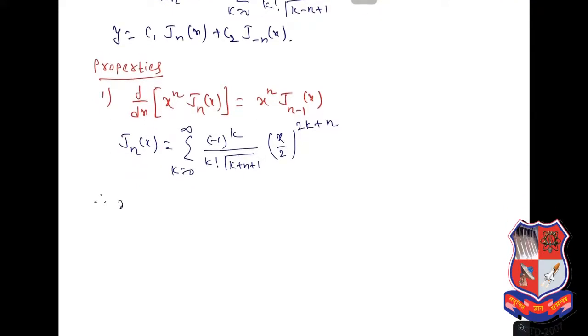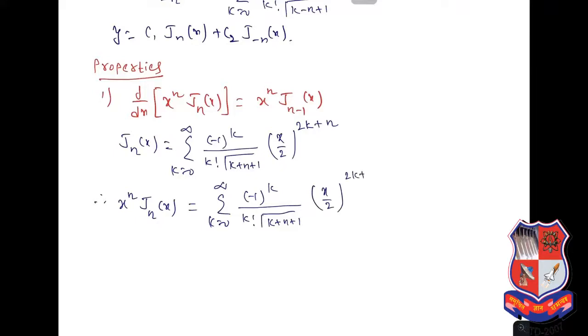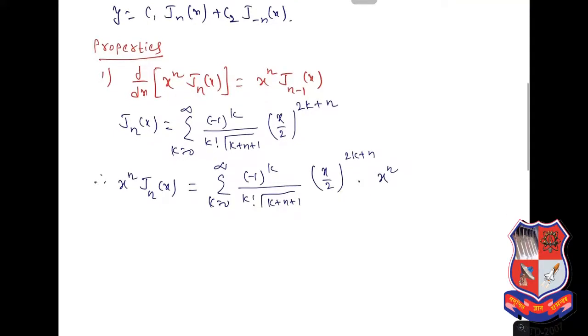Therefore x power n J n x equal to the series k equal to 0 to infinity, minus 1 power k over k factorial gamma k plus n plus 1, x by 2 power 2k plus n into x power n. So we have multiplied x power n on both sides.